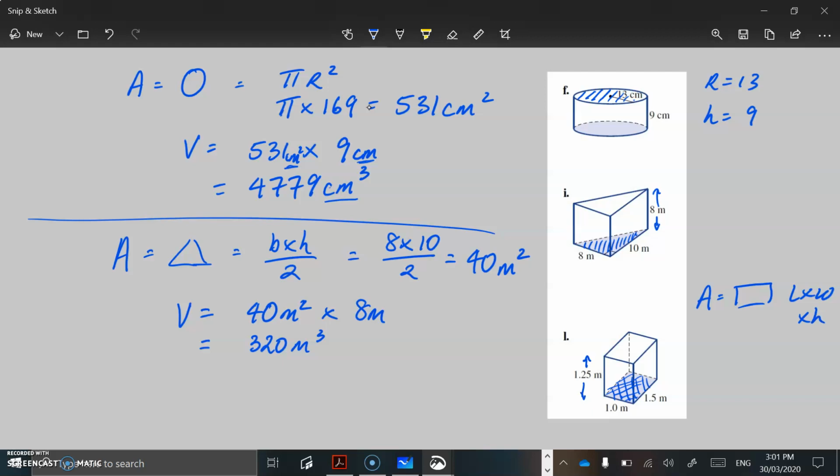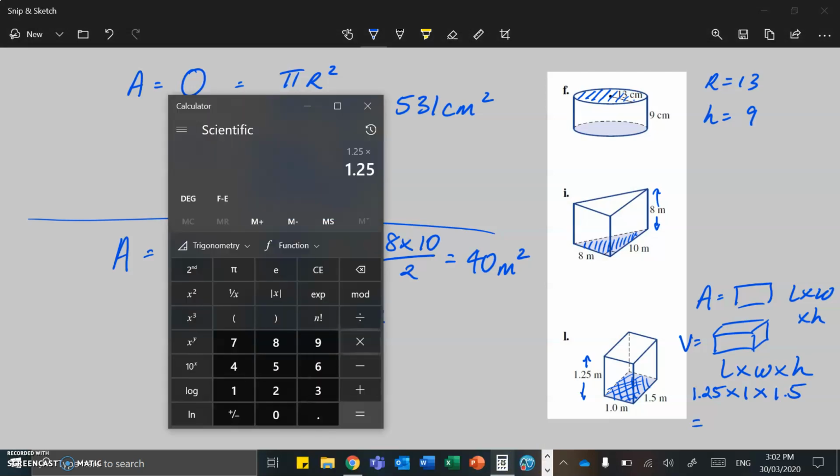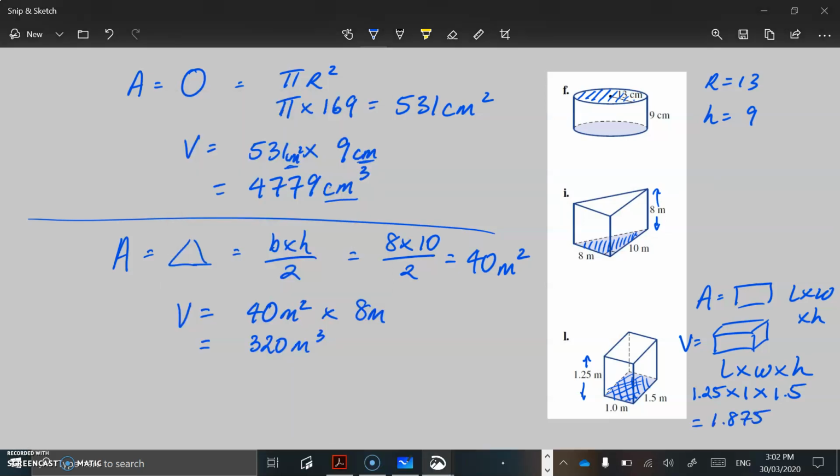So effectively, the volume of our rectangular prism is your length times your width times your height. So 1.25 times 1 times 1.5 is going to be 1.875. 1.875 meters cubed as your volume.